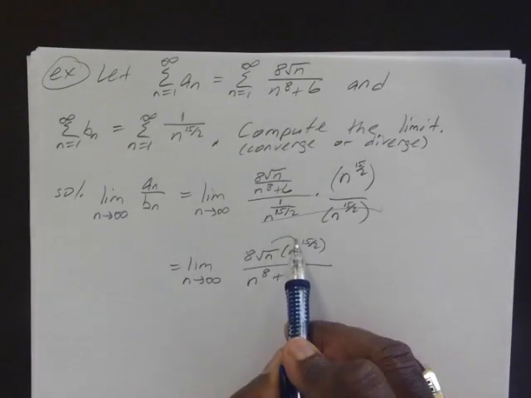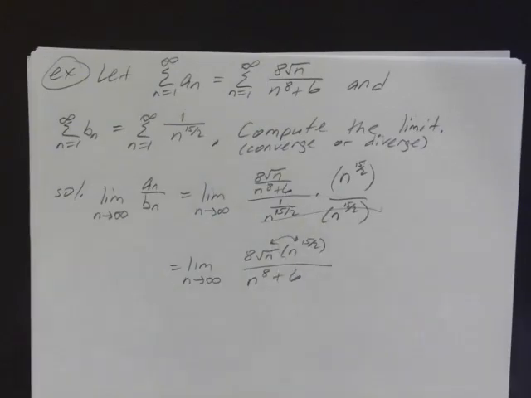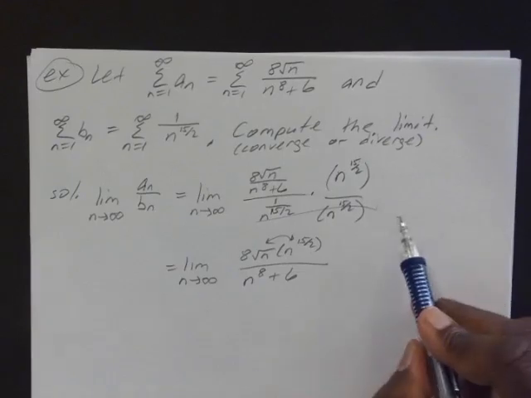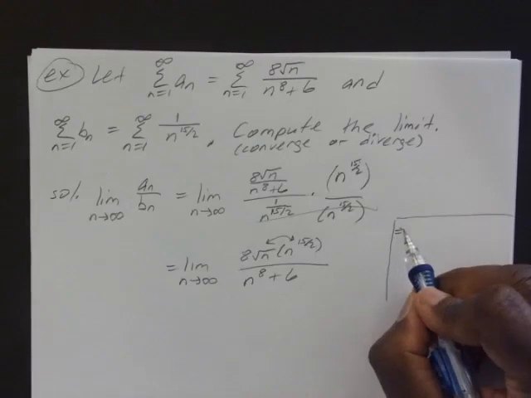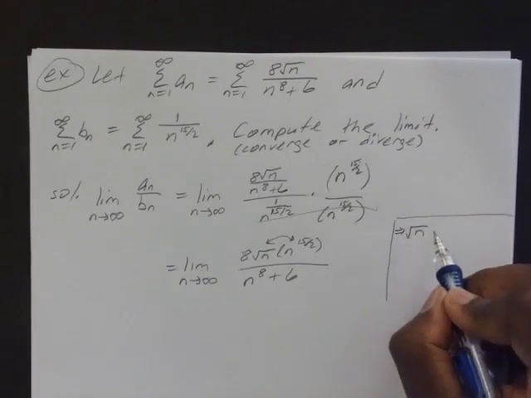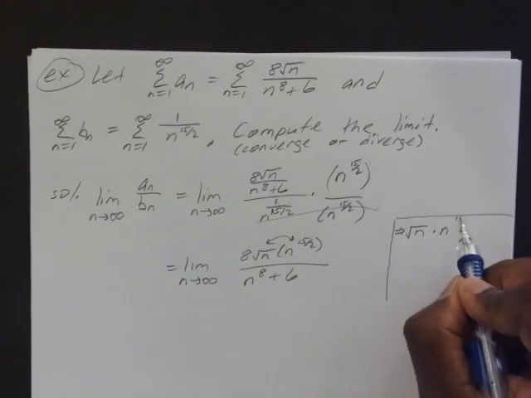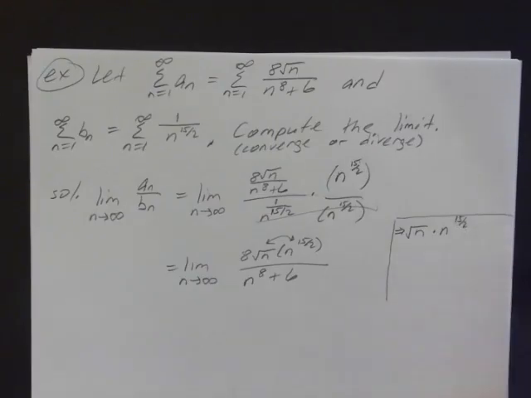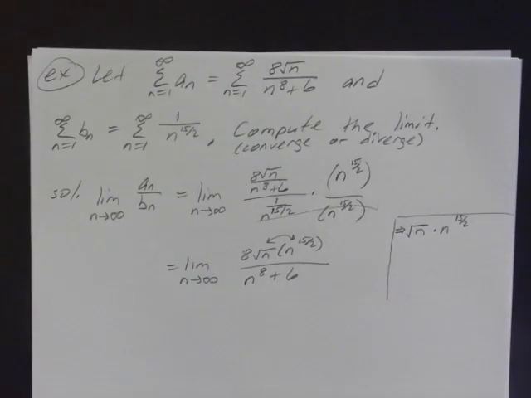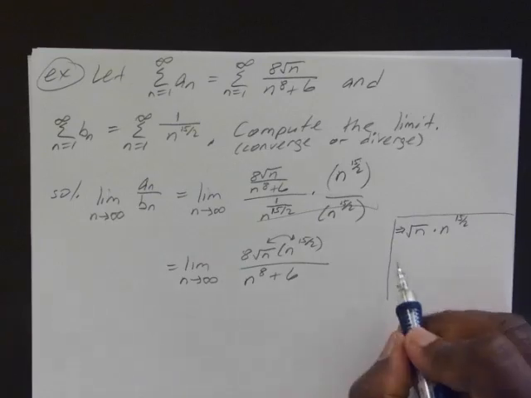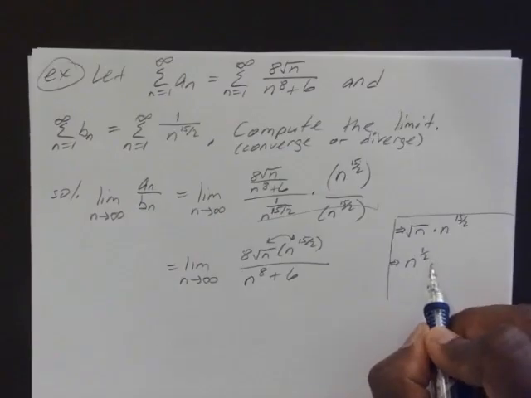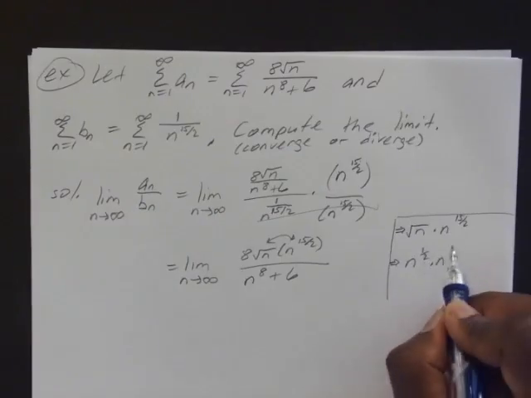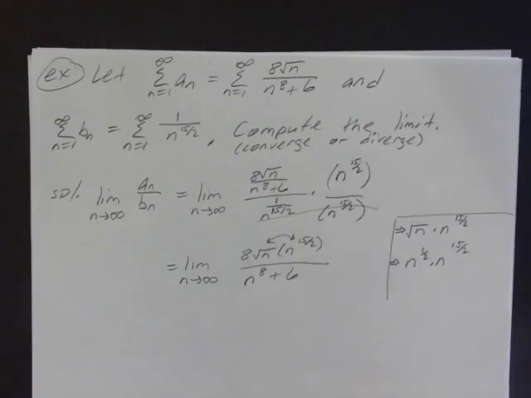Okay, we can actually combine these two. And we'll do that over here on the side. So if we have the square root of n times n to the 15 divided by 2 power, we can rewrite this as n to the 1/2 power times n to the 15 divided by 2 power.